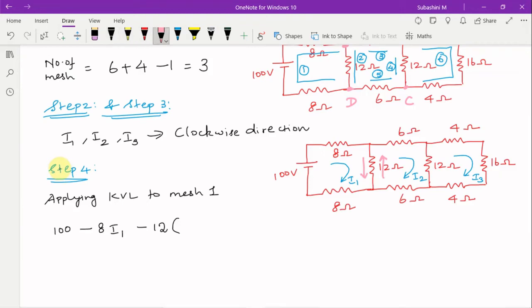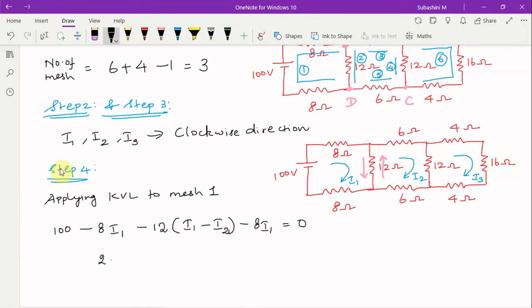So we are going to use that as 12 into I1 minus I2, minus 8 I1, equal to 0. So this is the equation for mesh 1.